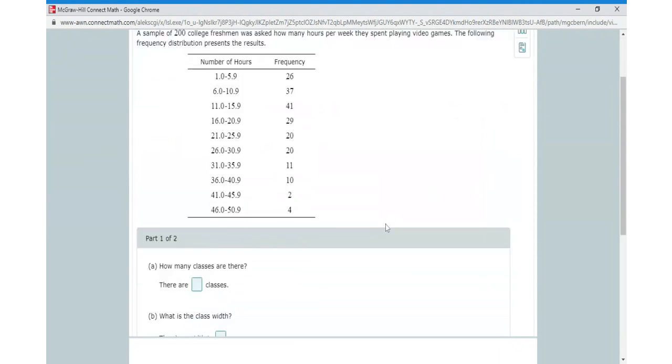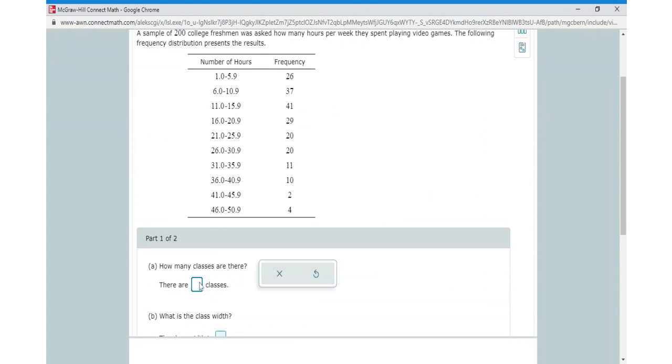So the first thing is, how many classes are there? 1, 2, 3. And if this was put into a histogram, the number of hours classes would be along the bottom, and the frequency would be the vertical. So there's 1, 2, 3, 4, 5, 6, 7, 8, 9, 10.